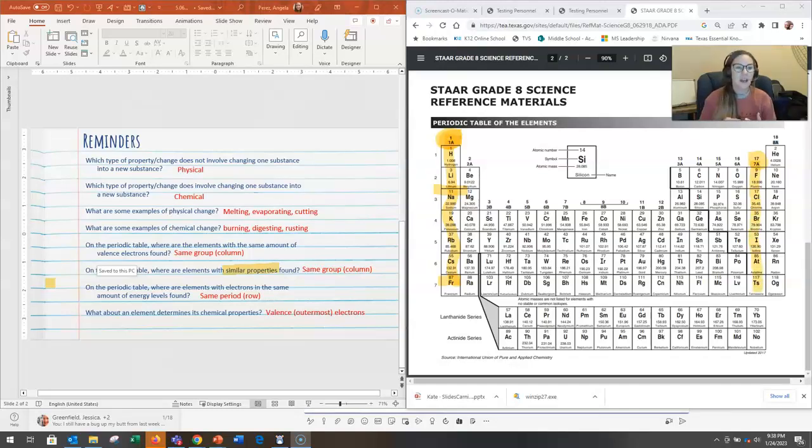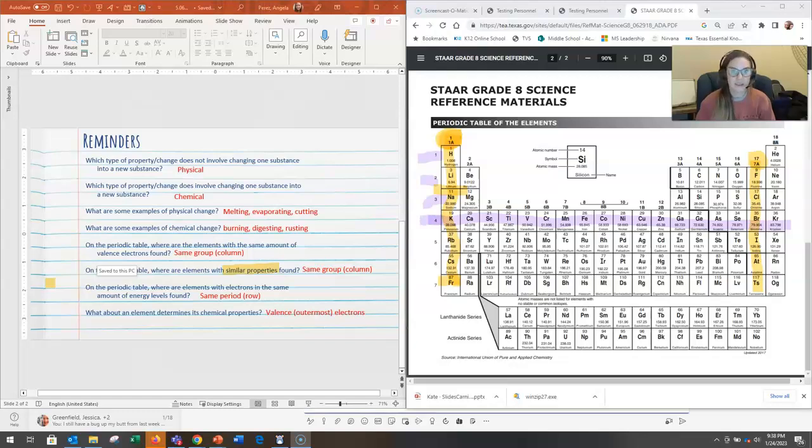On the periodic table, where are the elements with the same amount of energy levels found? Those are the periods. For example, period 4 lets us know that there's going to be 4 rings, 4 energy levels. There'll be 1, 2, 3, 4.